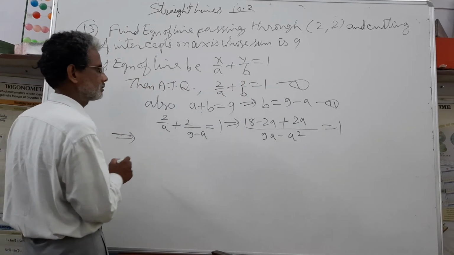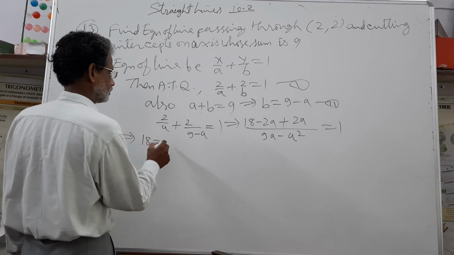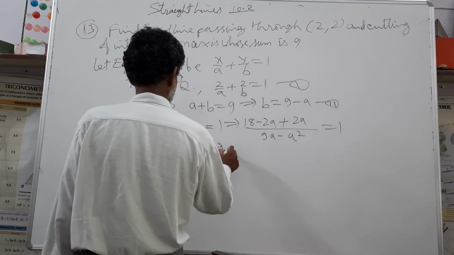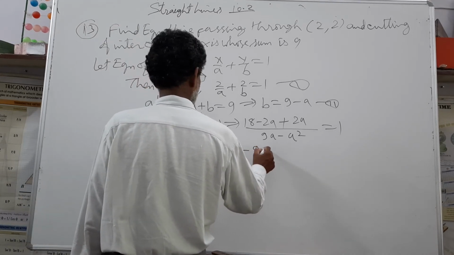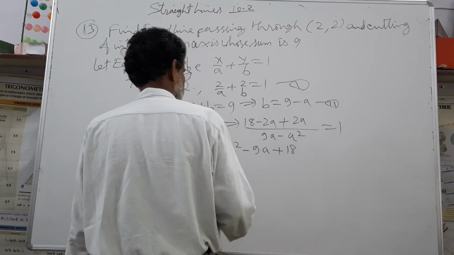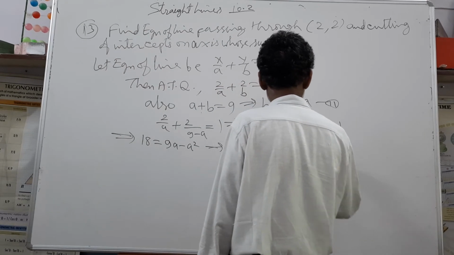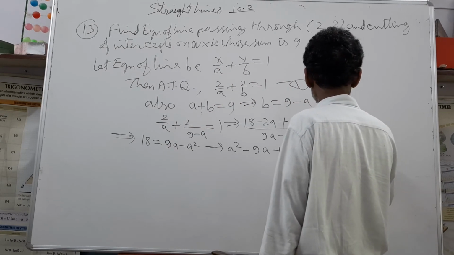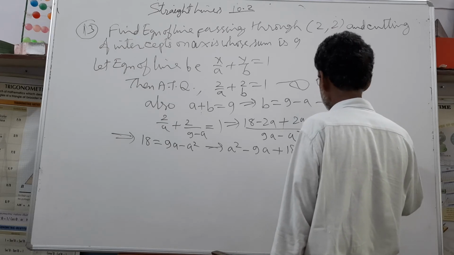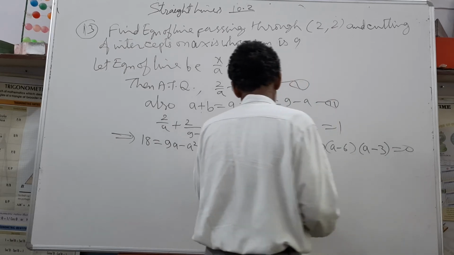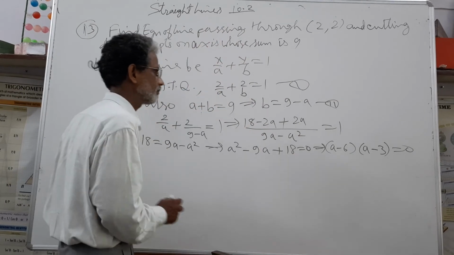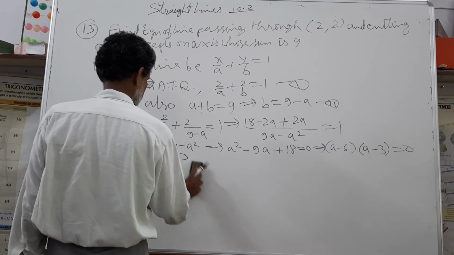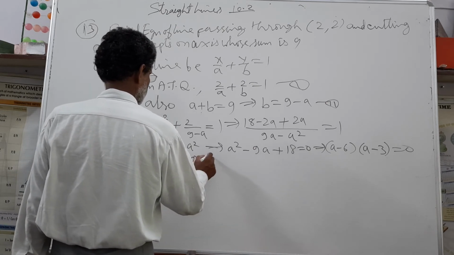This implies 18 is equal to 9a minus a square, implies a square minus 9a plus 18 equal to 0. This implies a minus 6, a minus 3 equal to 0. You will factorize or use Sridhar Acharya rule. This implies a is equal to 3 or 6.